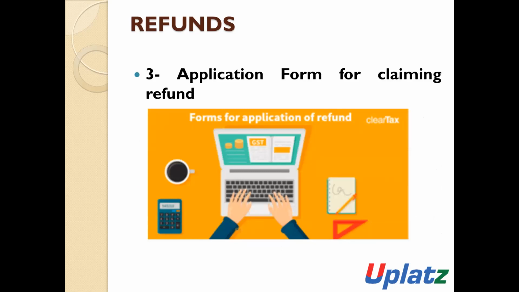Now we will discuss the application form for claiming the refund. What will be the application form for claiming the refund of unutilized ITC, or of any refund from any source?